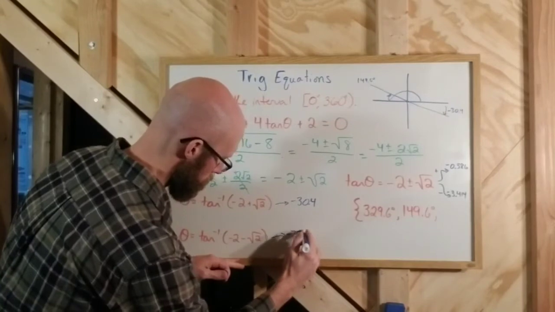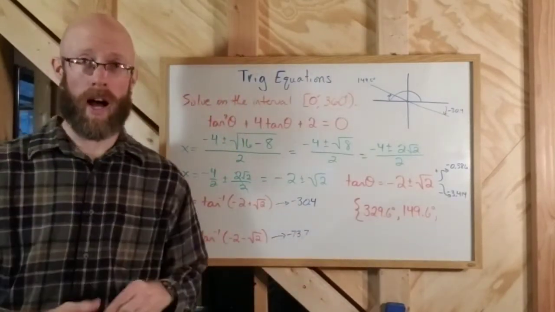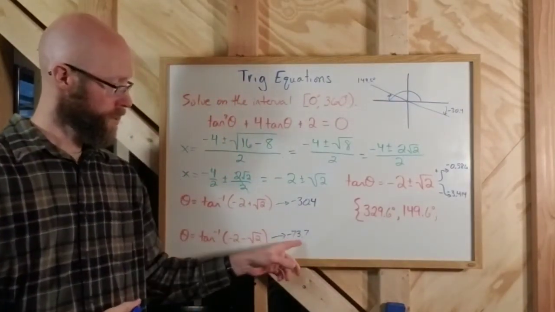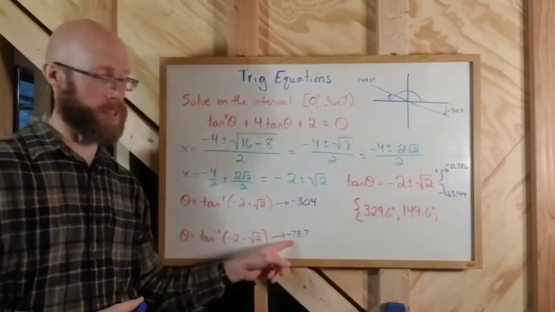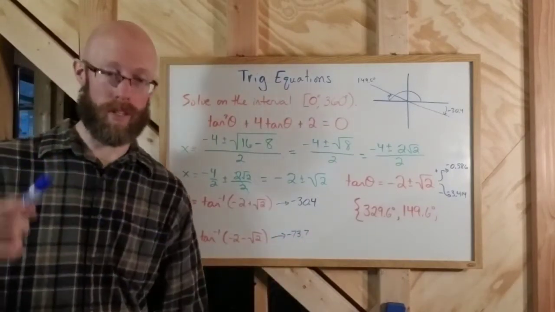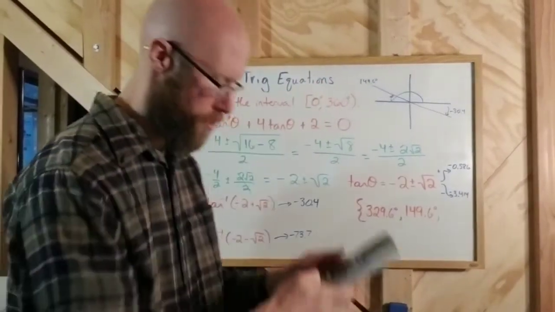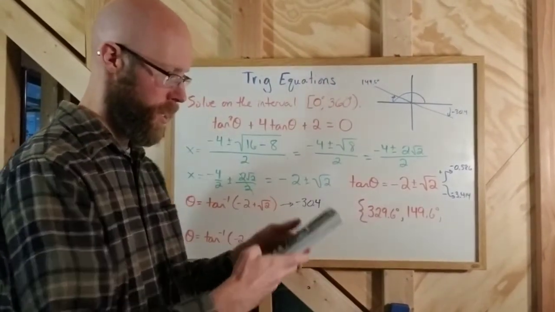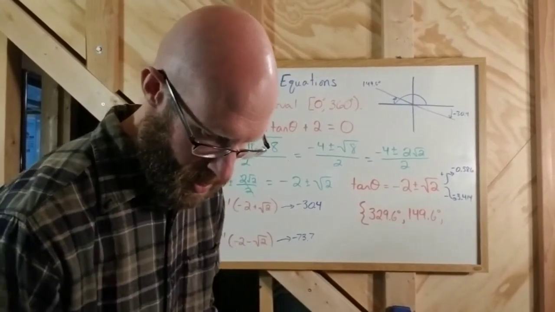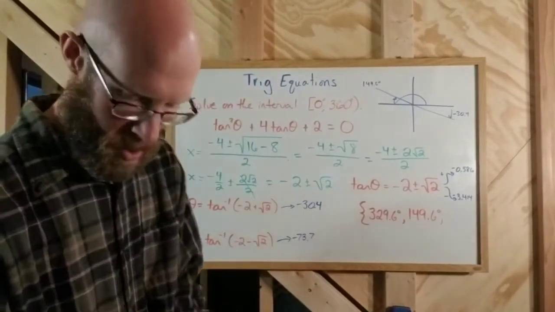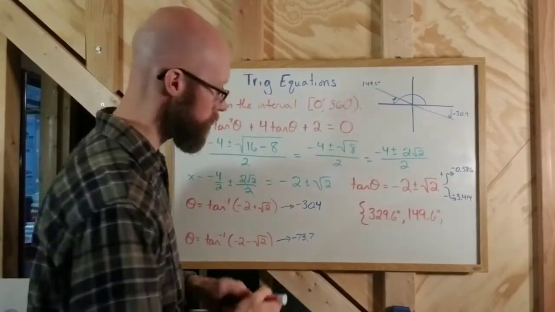Now again, remember this is a fourth quadrant angle, which we want, but it's not in our interval because it's negative. So I need to add 360 to it again. I just hit plus 360, and I get 286.3.